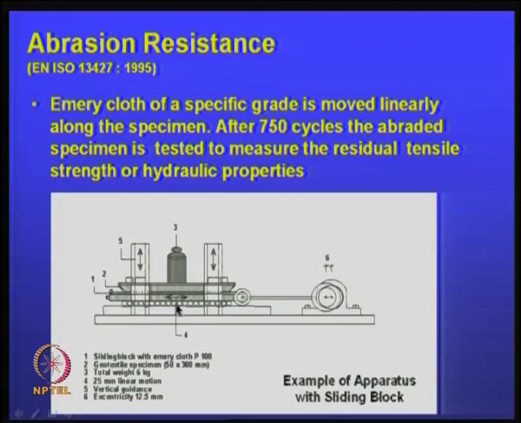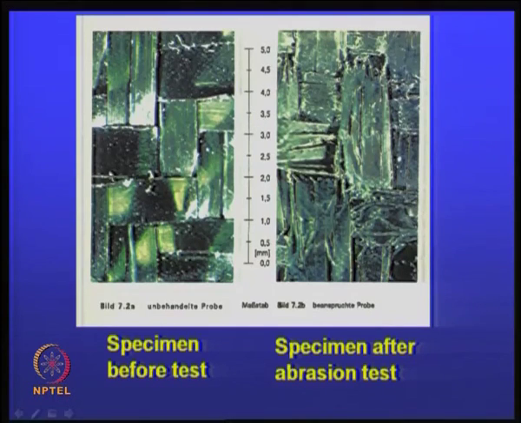So we take a geosynthetic material and subject it to 750 cycles of rubbing using emery cloth of specific grade. You can see that before the test, the geogrid or geotextile was like this, and after the number of repetitions it is like this. This is also an indication of the quality of the material.